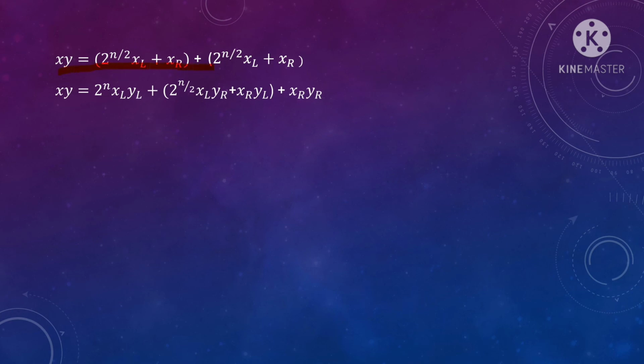So X times Y is equal to 2 to the power of n XL YL plus 2 to the power of n over 2 (XL YR plus XR YL) plus XR YR.